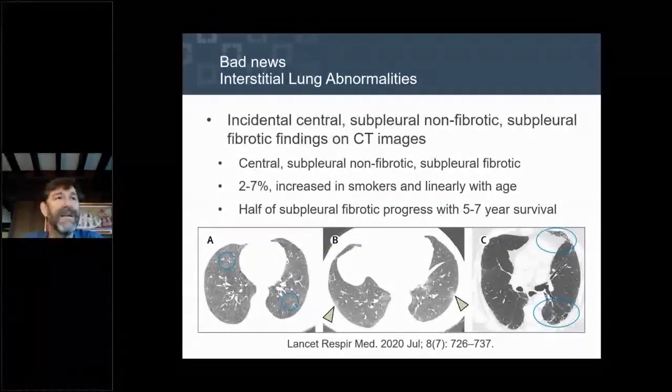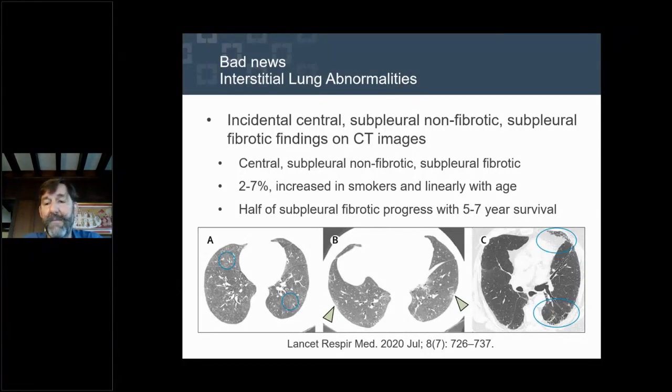It's not enough to call it because they're asymptomatic. It's an incidental finding that is either central, subpleural and non-fibrotic in B, or subpleural and fibrotic in C. And we didn't act, because we thought this could be just a little bit of something there that's not bothering the person now, and it's never going to bother them in the future.